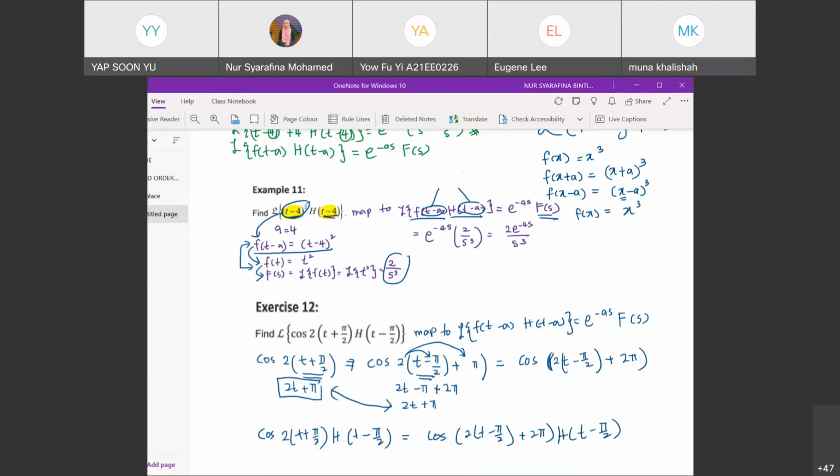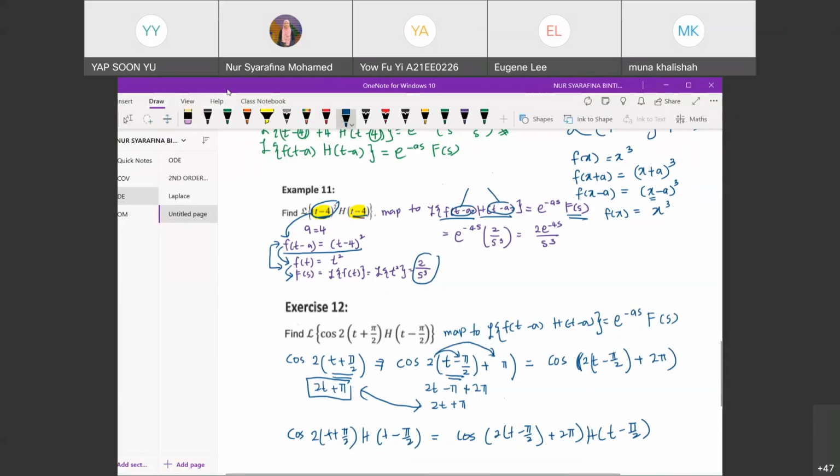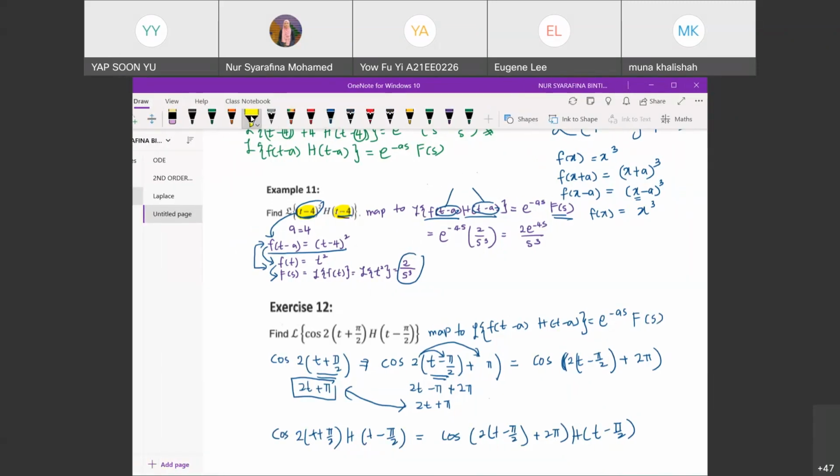And you can see here, it is in the form of t minus a and t minus a. So we can map this to f t minus a, h t minus a.